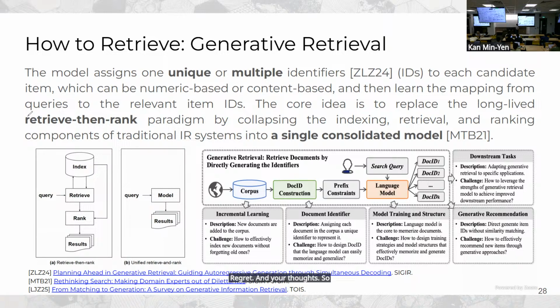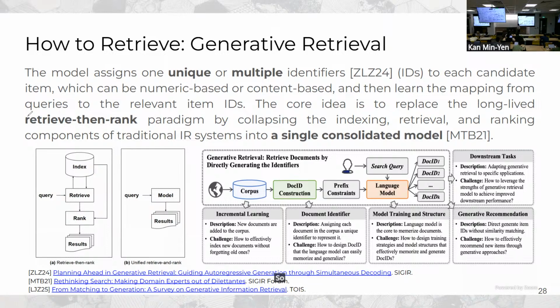Different from this traditional multi-stage pipeline framework, the generative retrieval framework is like this. We use one model. We can call it a large model. Right now, there is no explicit indexing stage.